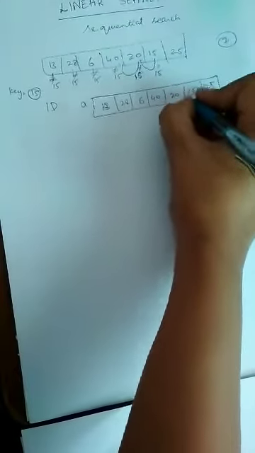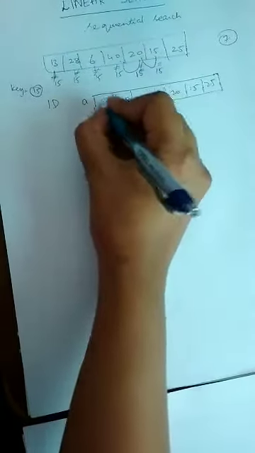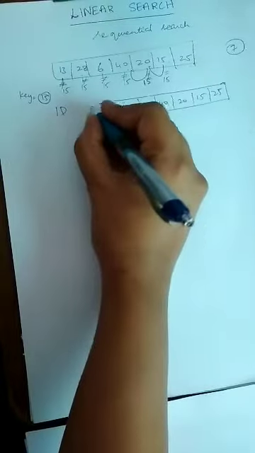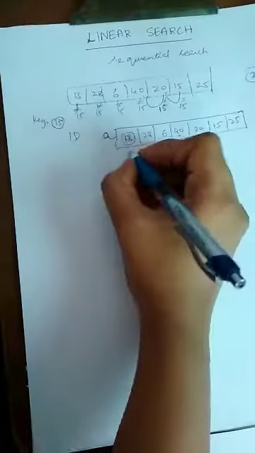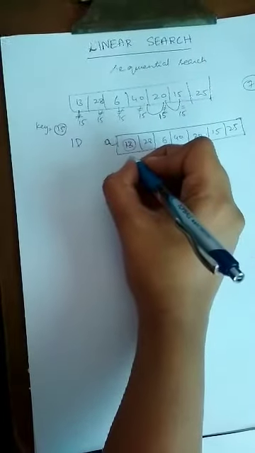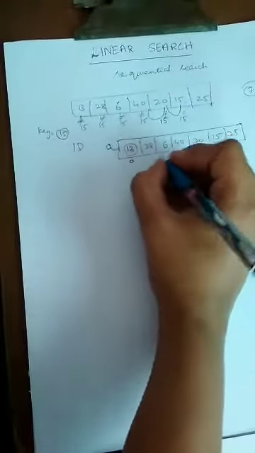How do we access 13 in the array A? It is through the index, right?